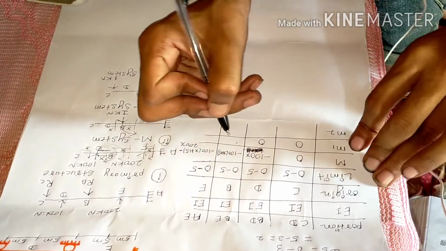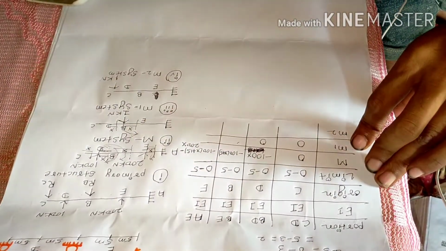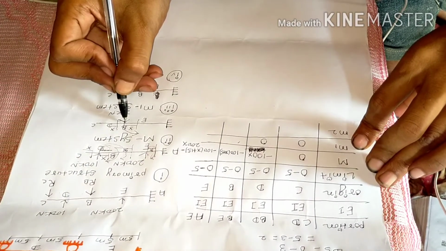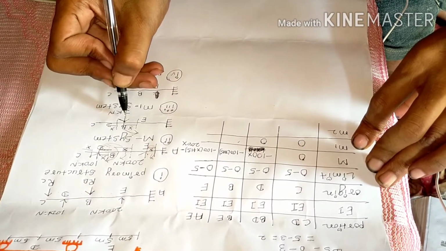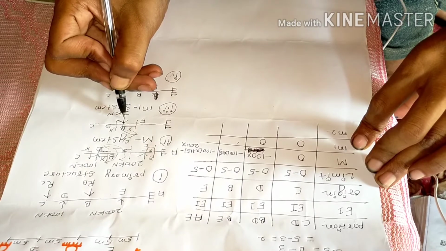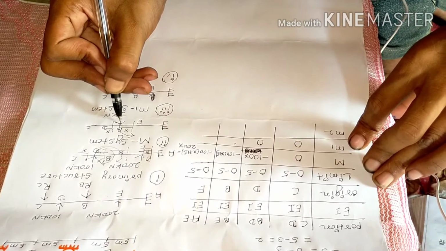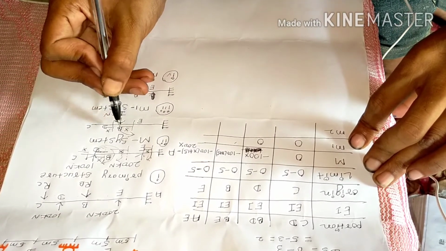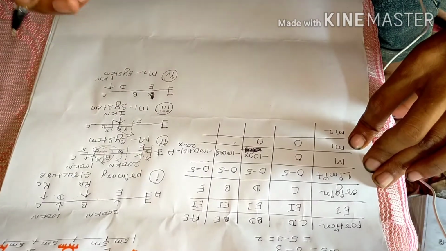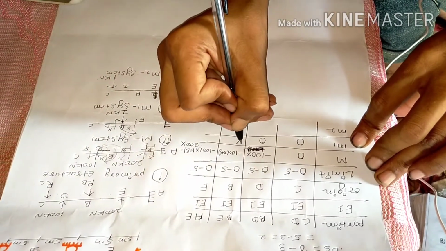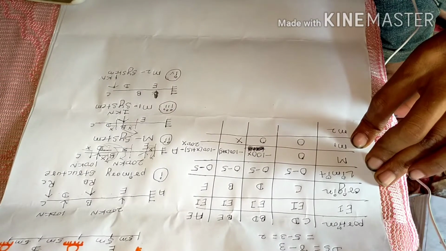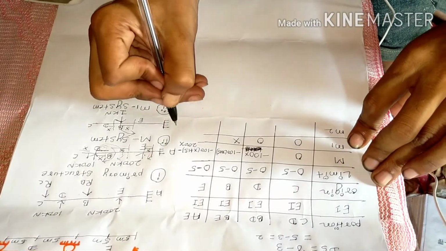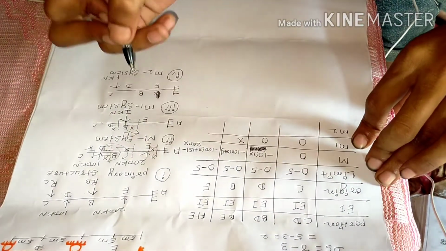Now let us analyze portion BE. In portion BE, this 1 kilonewton force will rotate this section in anti-clockwise direction. So 1 into x, that is positive. Now let us move towards portion AE.